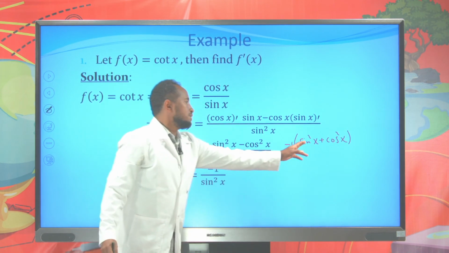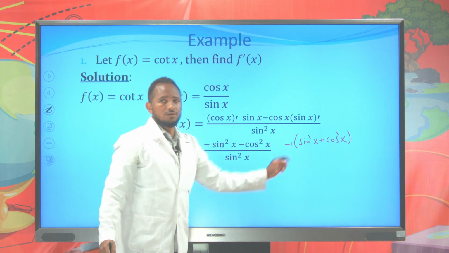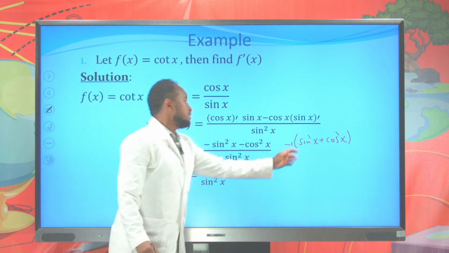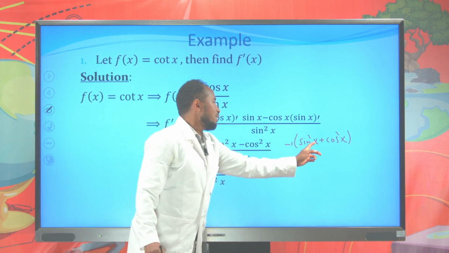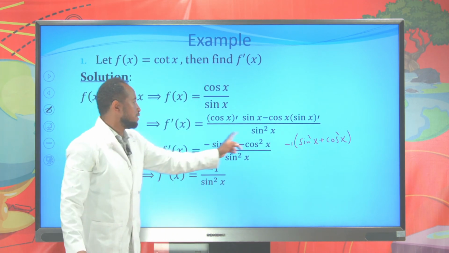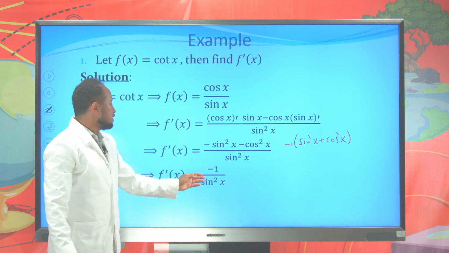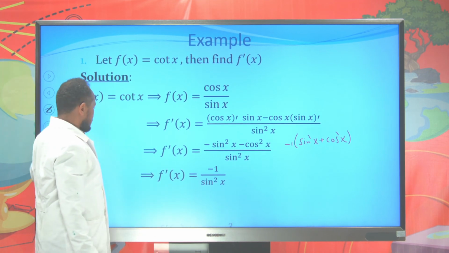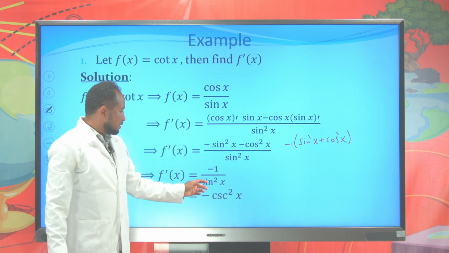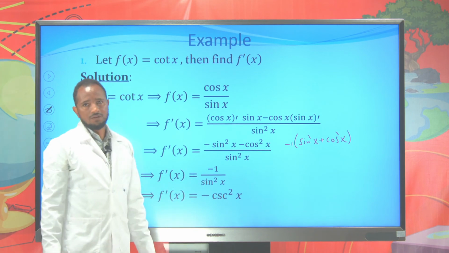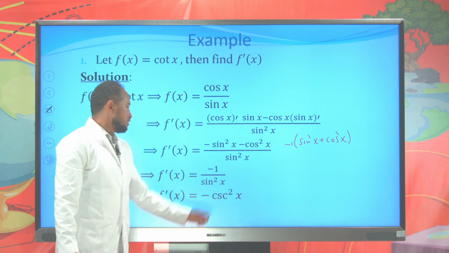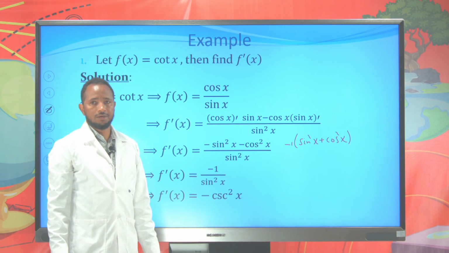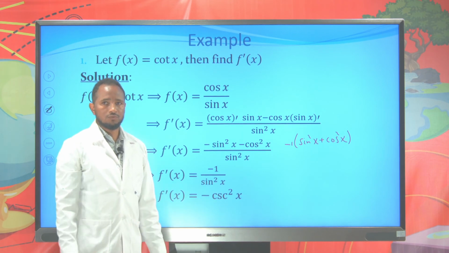Using the trigonometric identity, sine squared x plus cos squared x is 1. 1 times negative 1 is negative 1. The numerator part is negative 1 divided by sine squared x. So I can write this as: the reciprocal of the sine function is cosec, so it will be minus cosec squared x. Now let's continue to the second example.